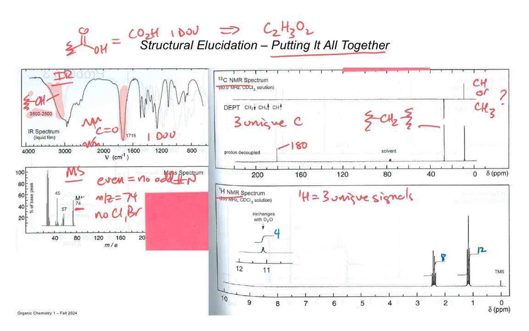It's kind of tiny, but it says this signal right here exchanges with D2O. Hydrogens that are bonded to heteroatoms will typically do that. And so we already know that there's an OH there. So that H of the acid belongs to this signal right here.